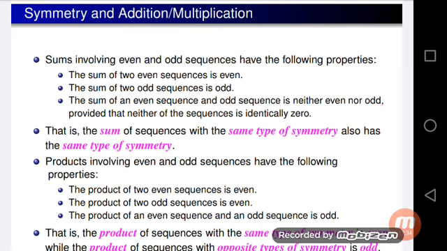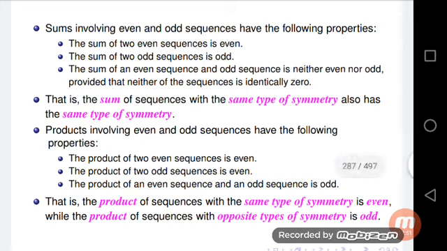The product of an even sequence and an odd sequence is odd. So the product of sequences with the same type of symmetry is even, while the product of sequences with opposite type of symmetry is odd.